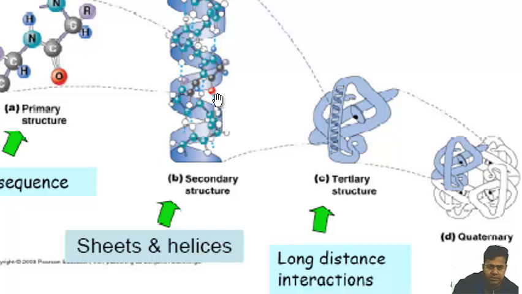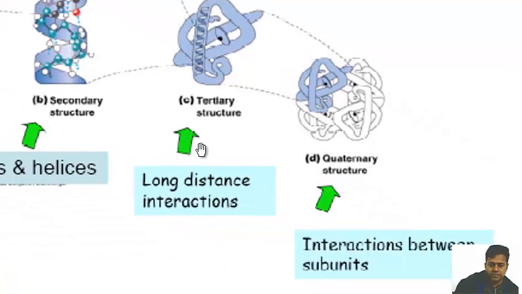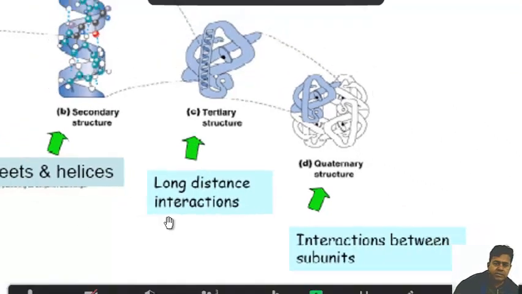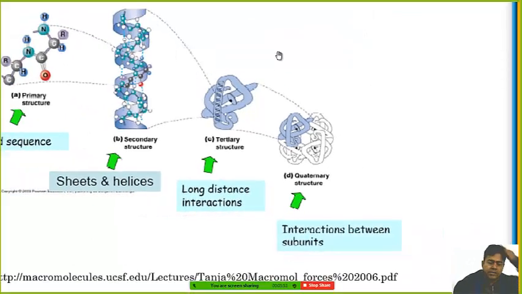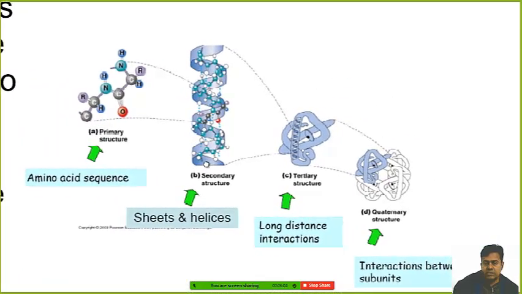Then this is called the secondary structure, and they form either sheets or helices. And when more than two secondary structures interact, they form the tertiary structure. Okay, so this is the beauty of this part. And when more than one tertiary structure interacts, they form the quaternary structure, right? So that is the beauty of this structure.